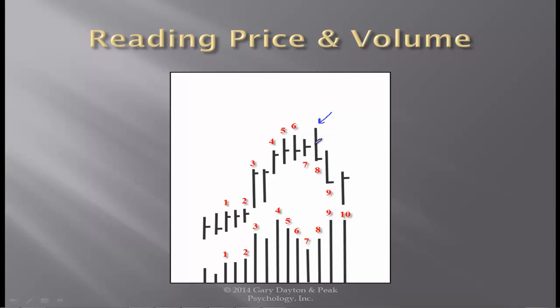So on bar 8, we see after the rolling over that the market rallied up above the highs at 5 and 6 and 7, but they couldn't hold it. And they came down, and we see it closing.